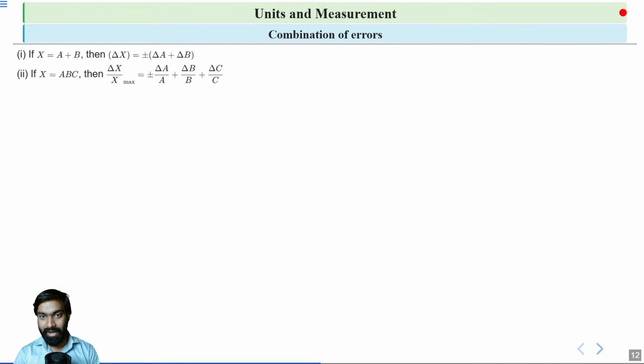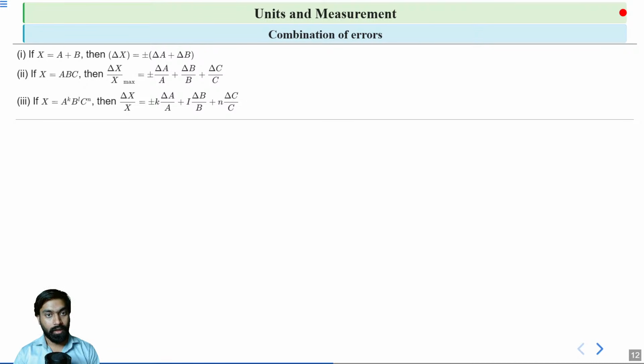Basically, errors add up. If there are errors in a, b, c, then in the worst case scenario all these errors add up in the same direction, either all positive or negative, making the final error maximum. Therefore, the plus minus sign indicates the final relative error can be either positive or negative, and its maximum value is equal to the sum of these individual relative errors.